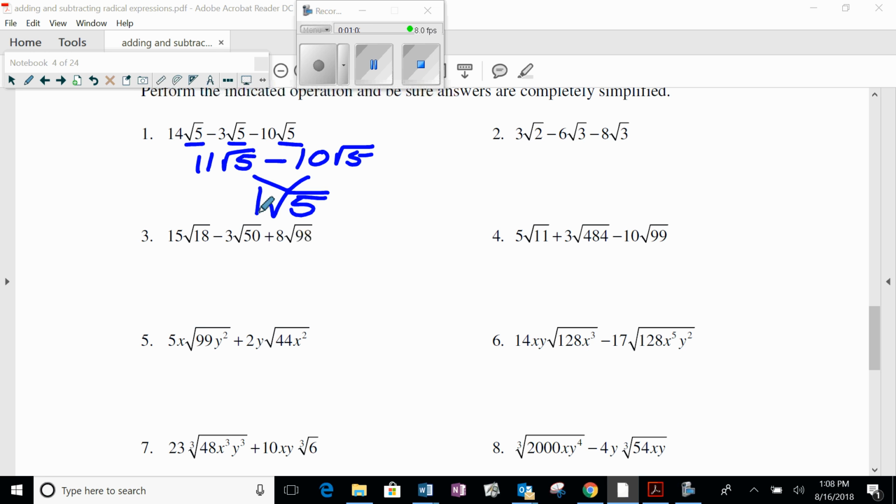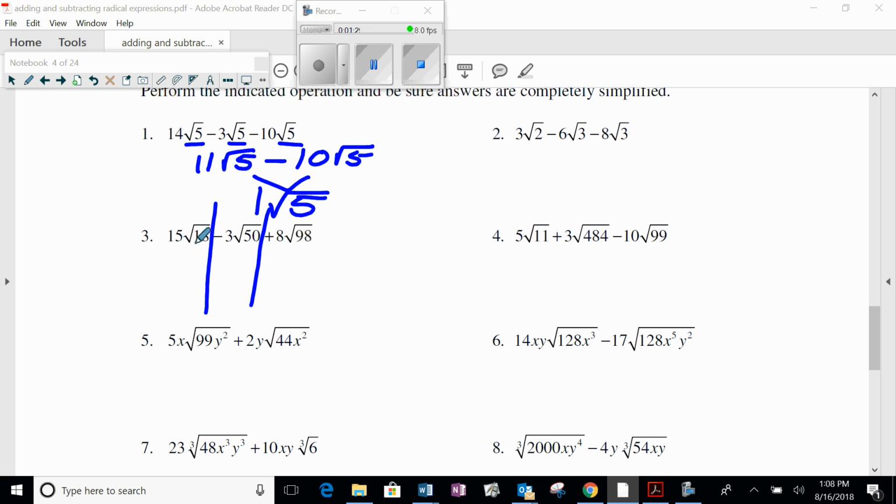Alright, so for number 3, we have 15 square root of 18 minus 3 square root of 50 plus 8 square root of 98. Okay? So we're going to take it piece by piece and simplify first. I'm going to draw a line right now just to separate my radicals and simplify them first.